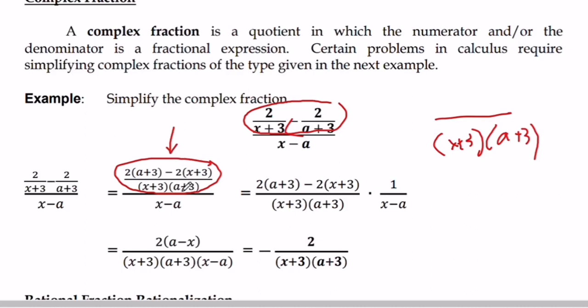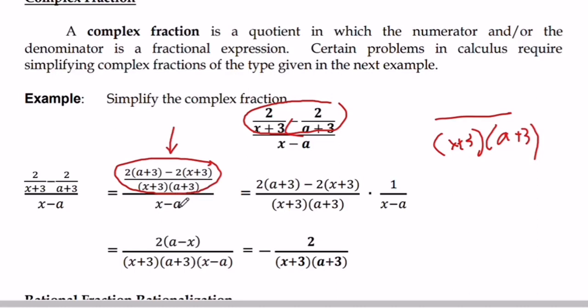After that, since this is division, let's convert or invert the division operation into multiplication. So 2 times a plus 3 minus 2 times x plus 3, divided by x plus 3 times a plus 3.